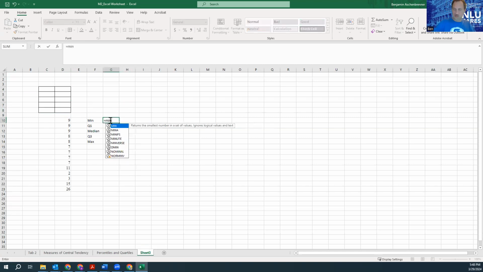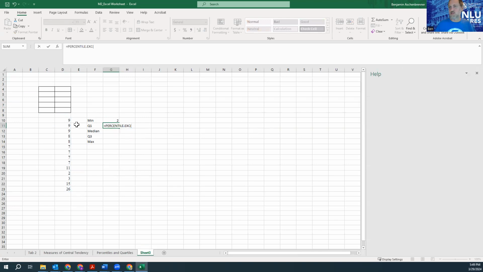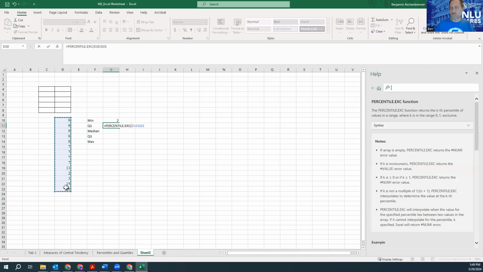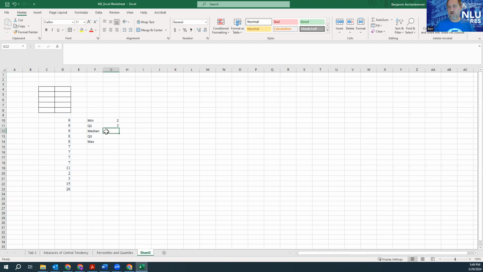Okay, so equals min. I'm finding the minimum value. I'm finding the 25th percentile. I don't know what just happened with help over here, but I don't need it. I'm finding the median.